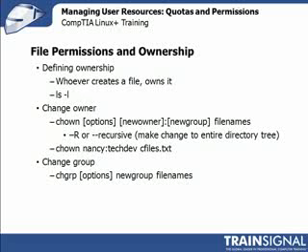But one that you might use is -R or --recursive, which makes the change to the entire directory tree. So if we wanted to change the ownership of the file cfiles.txt to Nancy and the group to techdev, the command would read chown space Nancy:techdev space cfiles.txt.